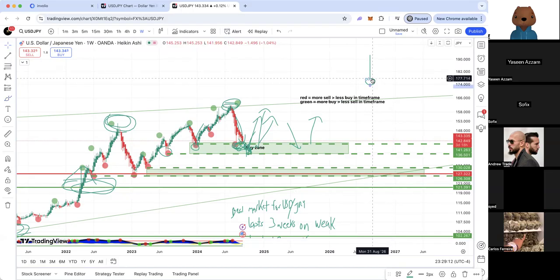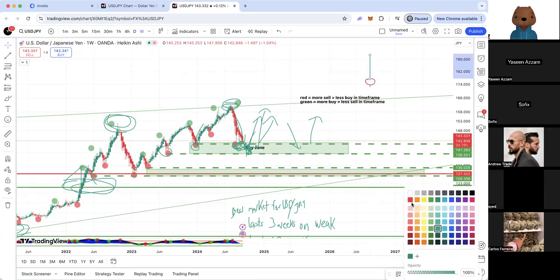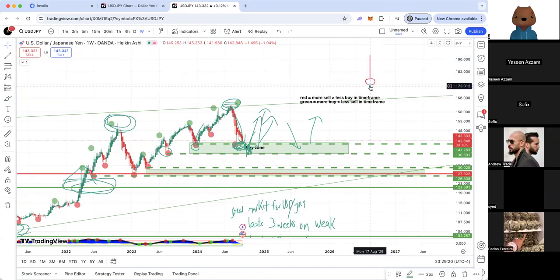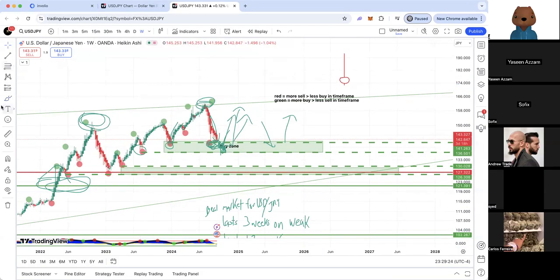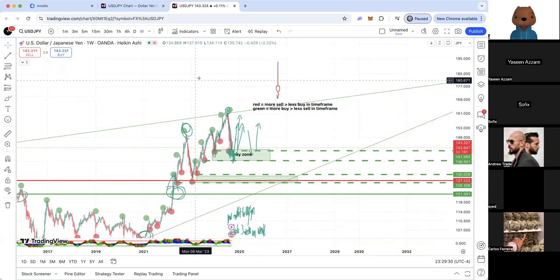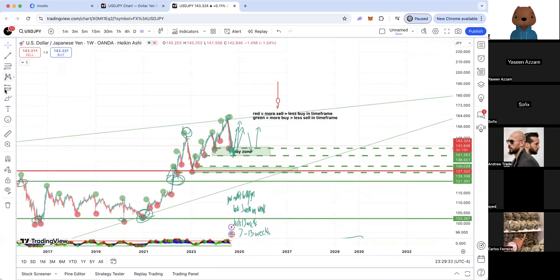You see how it's falling to the ground? That's a shooting star, okay? And you see how this is like a hammer.